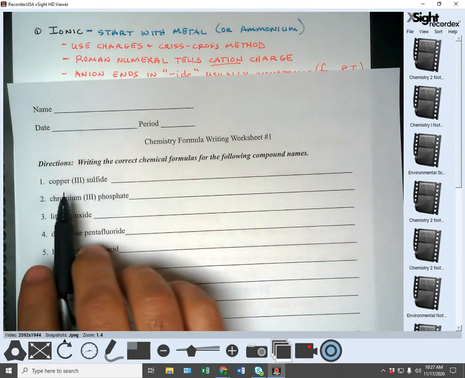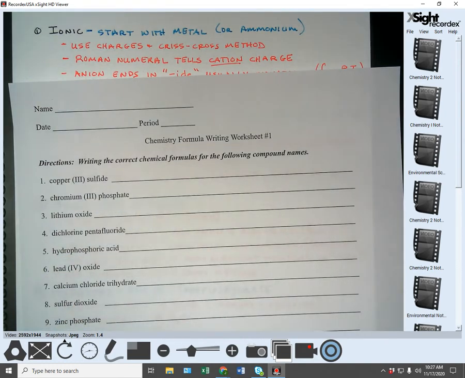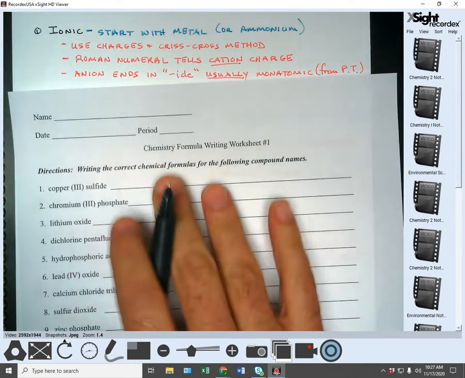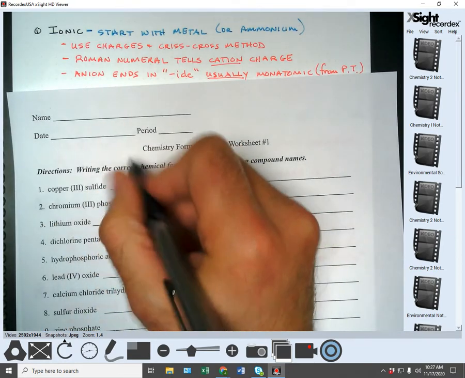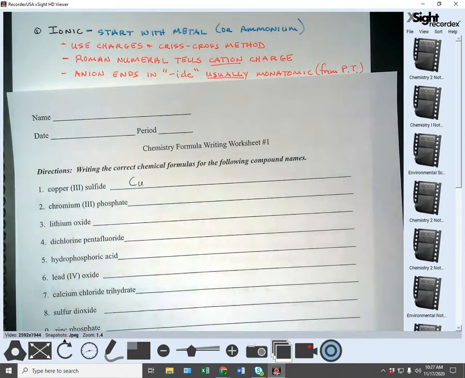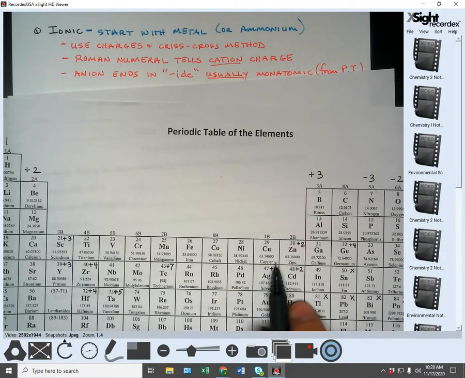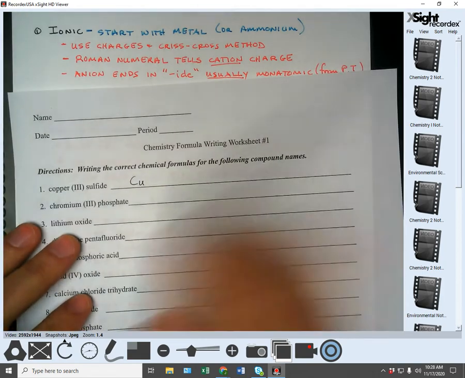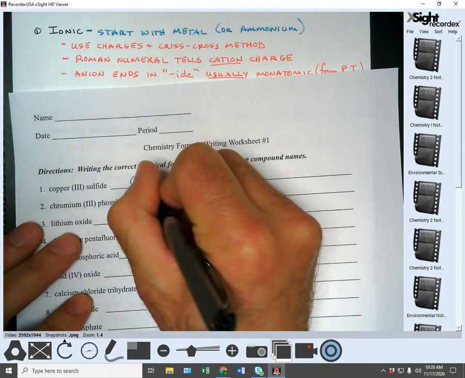Number 1 here is ionic. You're going to get the charges. If it has a Roman numeral, that's the cation charge. Copper needs a Roman numeral because if you look up copper on the periodic table, there's no charge, so they have to tell us the charge. A Roman numeral is always a positive charge. Copper is a +3.